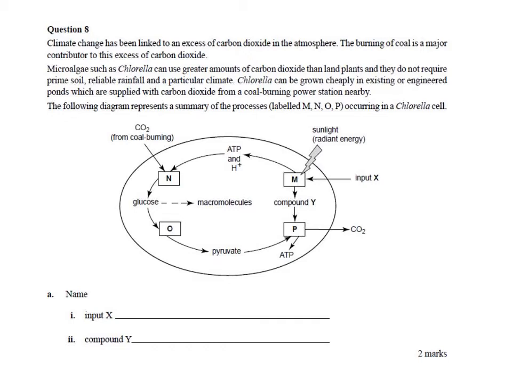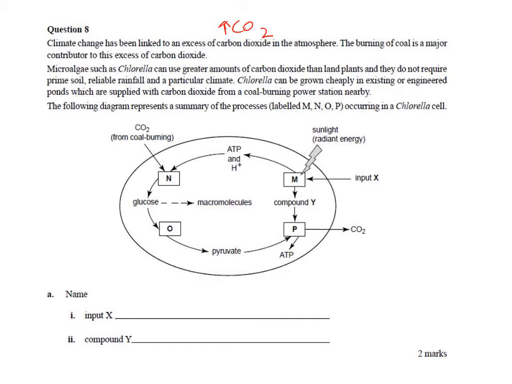So climate change has been linked to an increase in CO2 in the atmosphere. And then it's talking about small algae, so microalgae, can use greater amounts of carbon dioxide than land plants and do not require prime soil, reliable rainfall, and a particular climate.